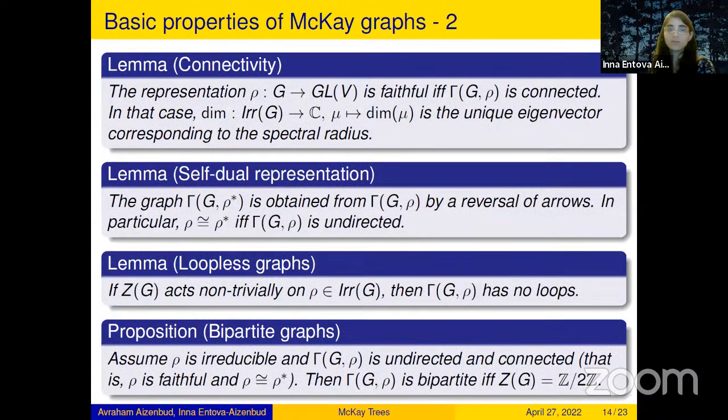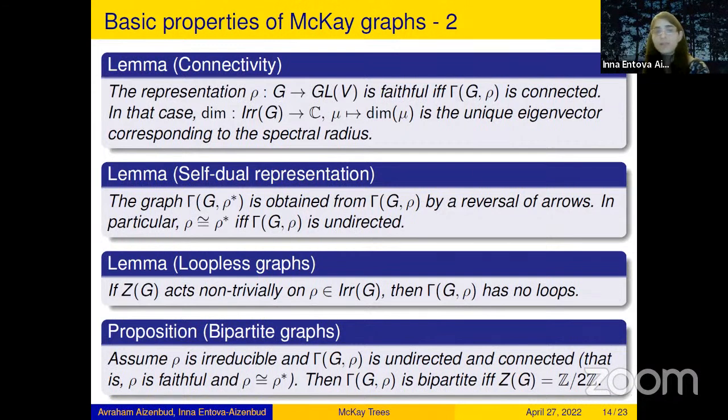So here are some more statements. All of these are due, I believe, to McKay, maybe earlier. So the next statement is about connectivity. So when can we say that our graph is connected? This happens if and only if the representation rho which we are dealing with is faithful.